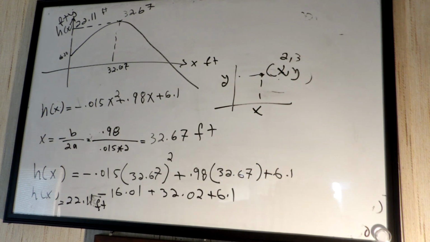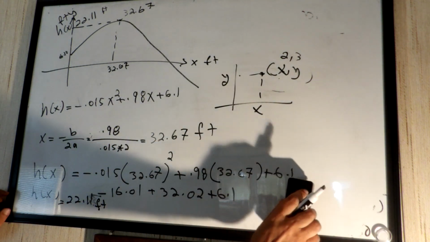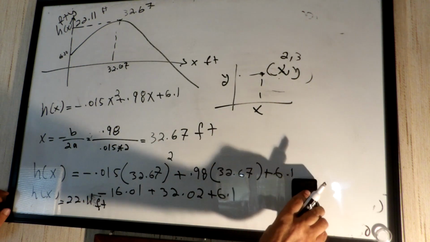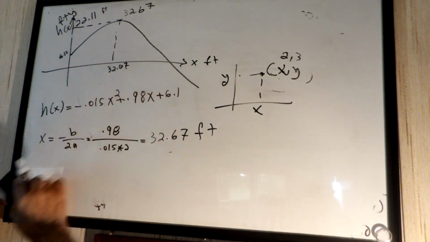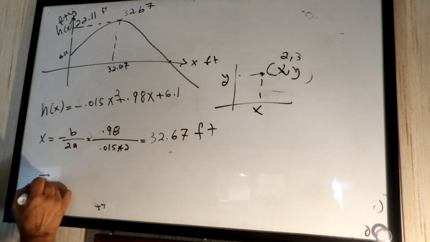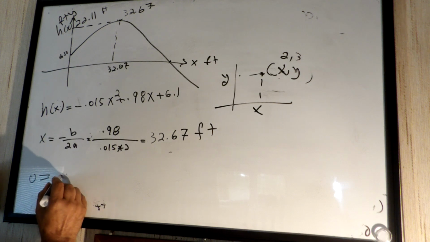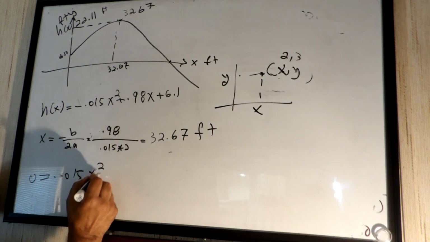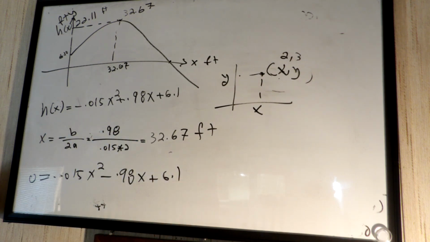One of the things you find is the height. Then, what is going to be this point where y is 0? It means h is 0, so 0 equals minus 0.015 x squared plus 0.98 x plus 6.1.